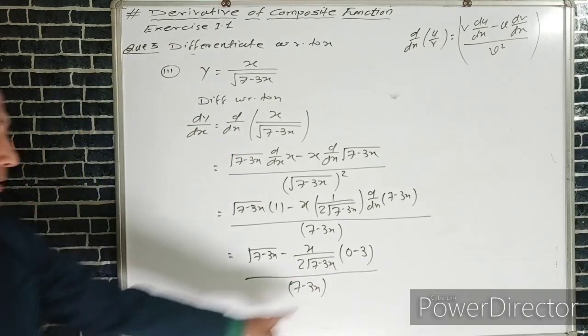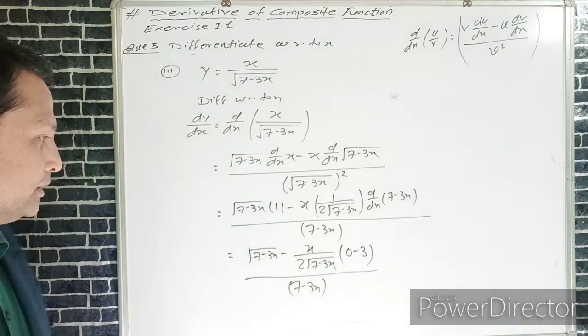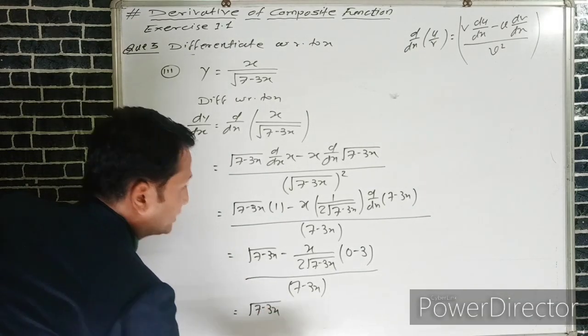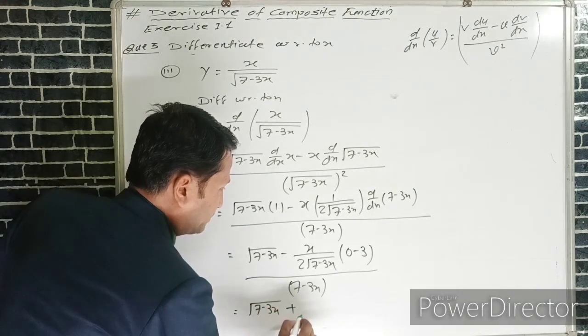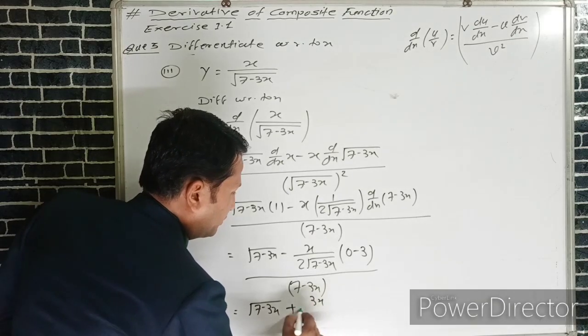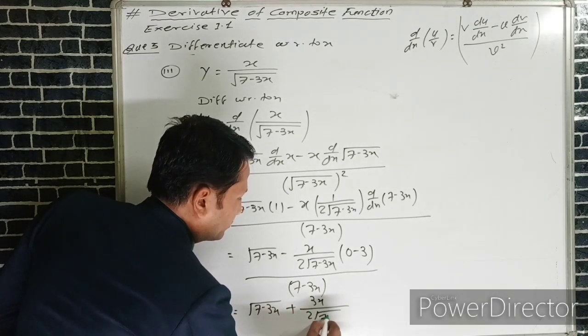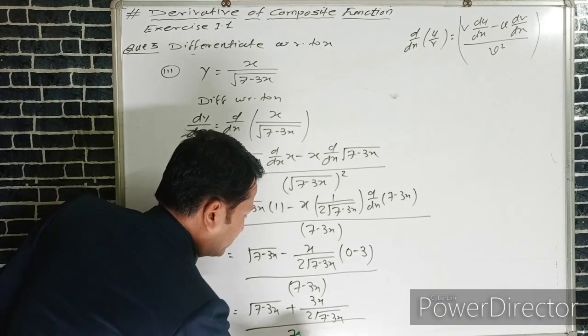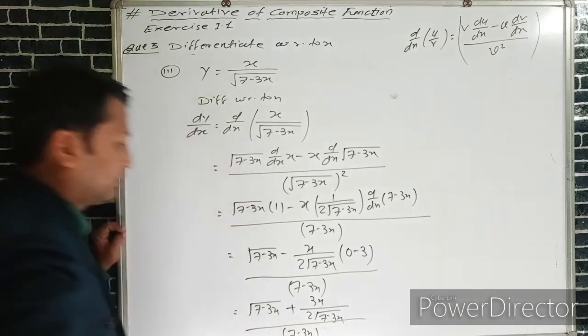After that minus 3 into minus, we can write it under root of 7 minus 3x minus minus plus 3x upon 2 under root of 7 minus 3x upon 7 minus 3x.